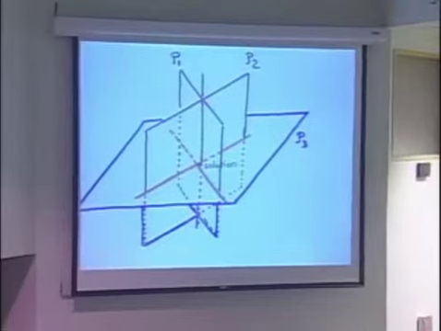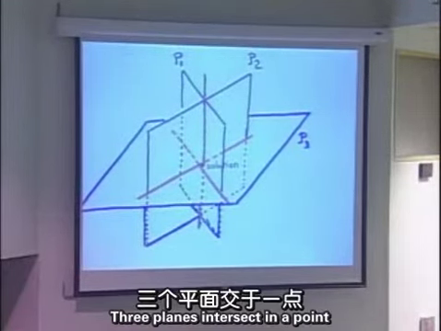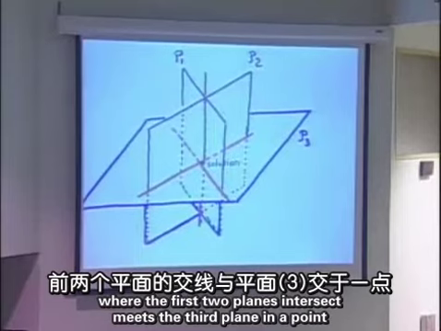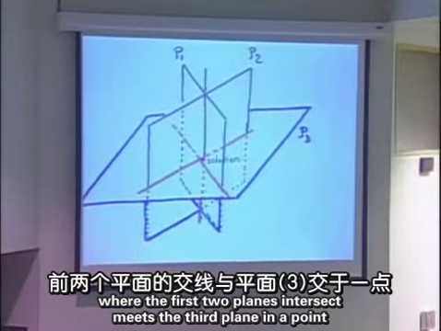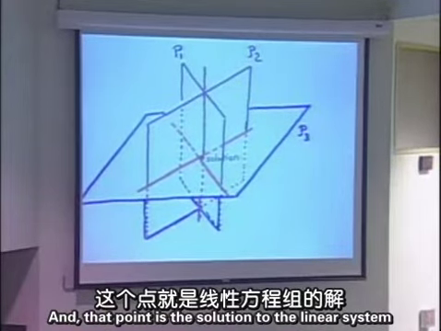One way to think about it is that the line where the first 2 planes intersect meets the third plane in a point. And that point is the solution to the linear system.